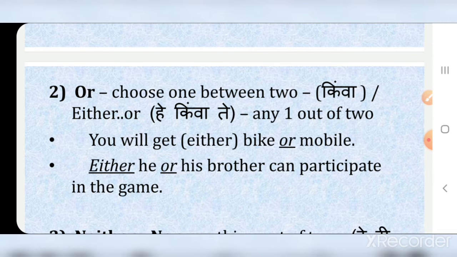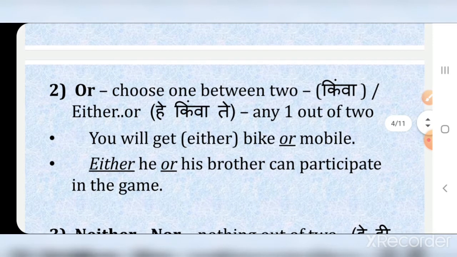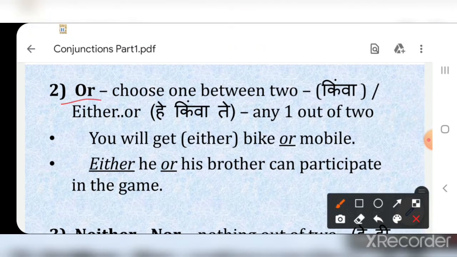Whenever we want to list more than one thing, then we use and. But if there is only one option we can opt for out of two, then we can use or. We use or.